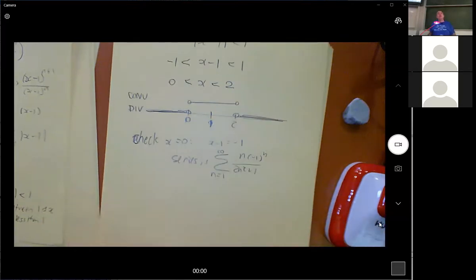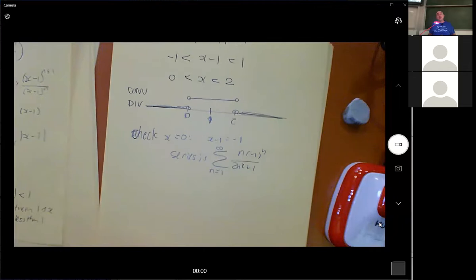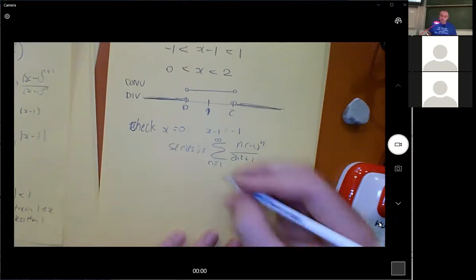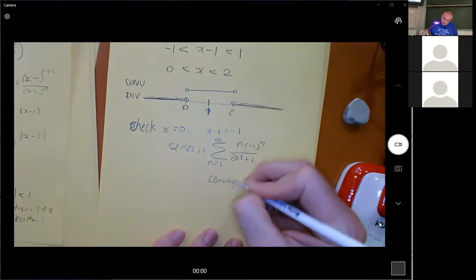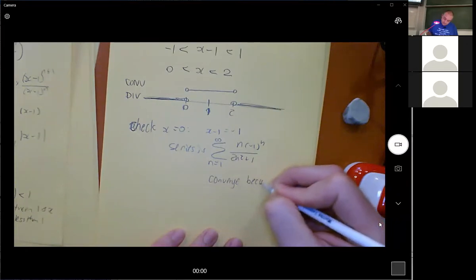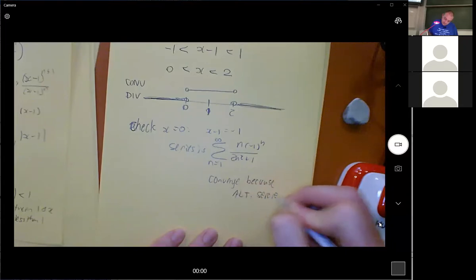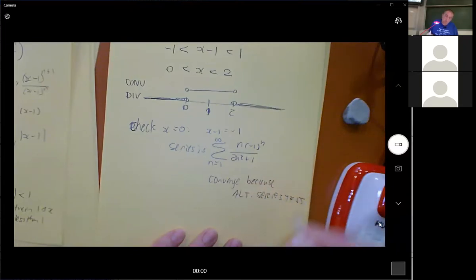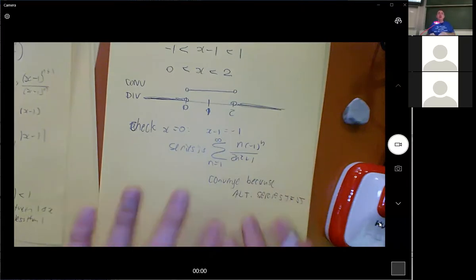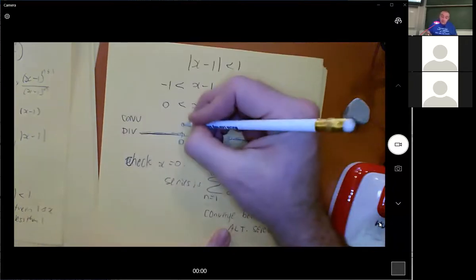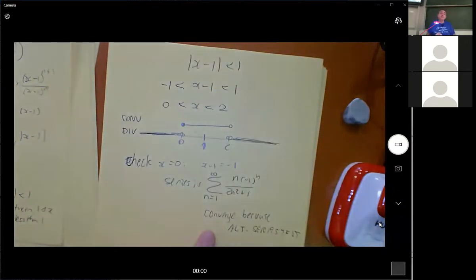And that converges because of the alternating series test, which we did earlier, which has its own working that you're supposed to do. Okay, so it definitely converges there when x is 0, and so we can color that one in, because it converges at that end.